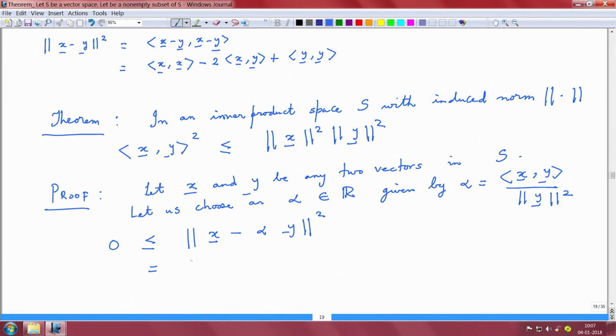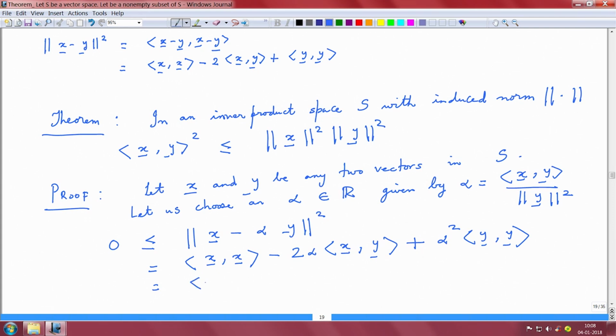This is basically written as the inner product of x with x minus 2 times alpha times the inner product of x with y plus alpha squared times the inner product of y with y, right.